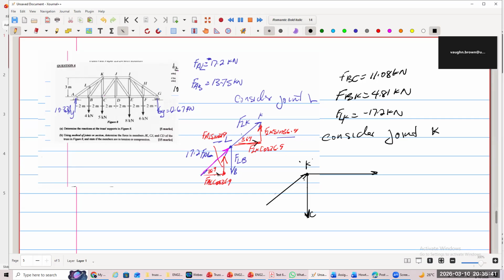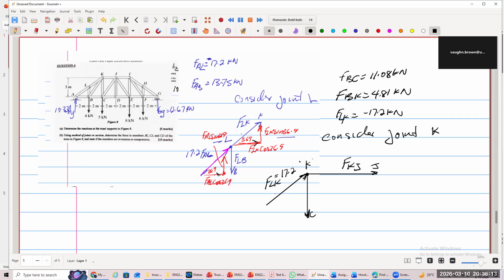So it is F_LK, and we're going to put its value as 17.2 because we changed the sign and the direction. And this is J, so it's F_JK, same thing. Alright? And then what other force? How many other forces are left now? One more.